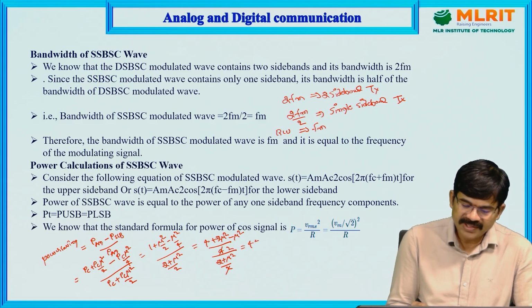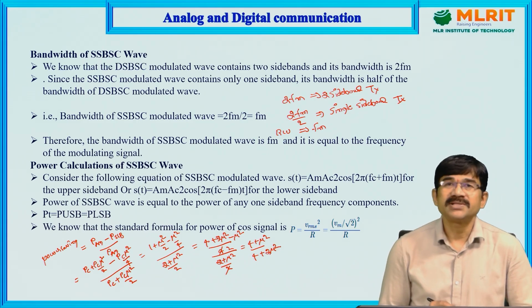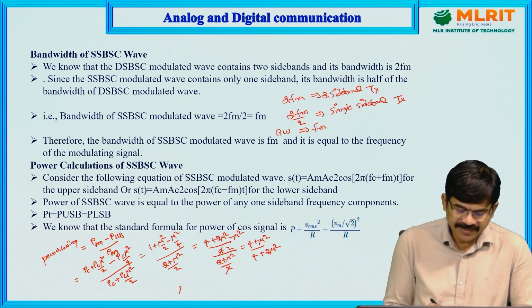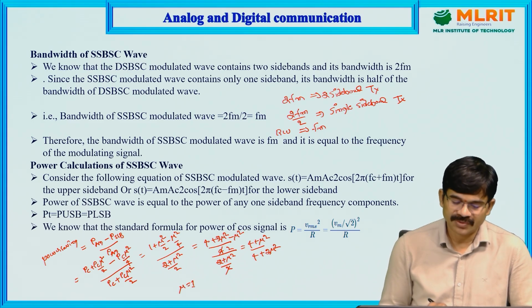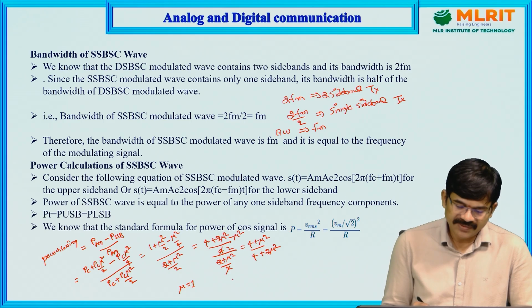4 plus 2 mu square minus mu square becomes mu square, divided by 4 plus 2 mu square. Let mu, the modulation index, be equal to 1. Substituting mu equal to 1, what value do we get? 5 by 6.